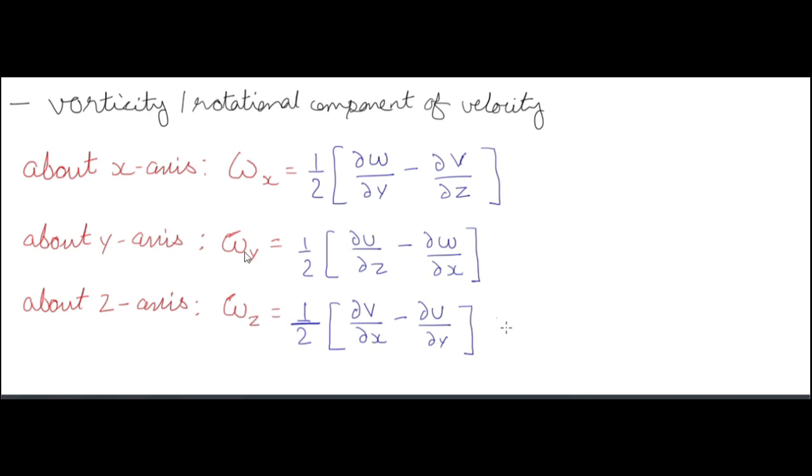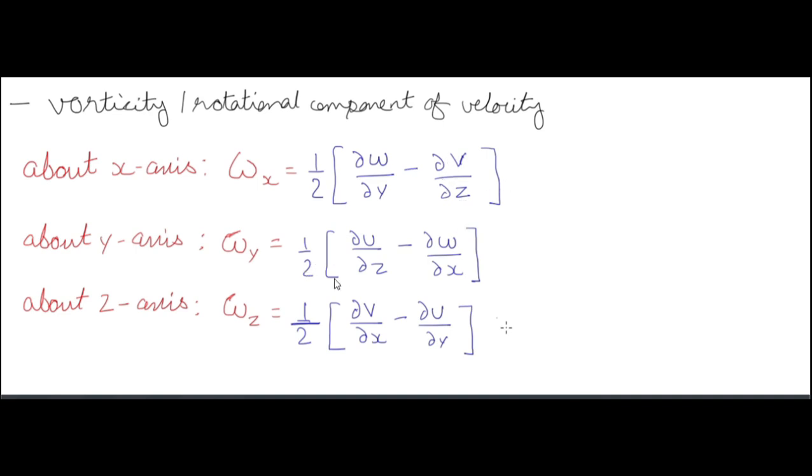So about x, it's half into dw by dy. v is the component of velocity along y direction, and w is along z direction. So here we get u, v, w as the x, y, z direction components of velocity, and these are the partial differentiation terms. So omega x is equal to half into (dw by dy minus dv by dz).